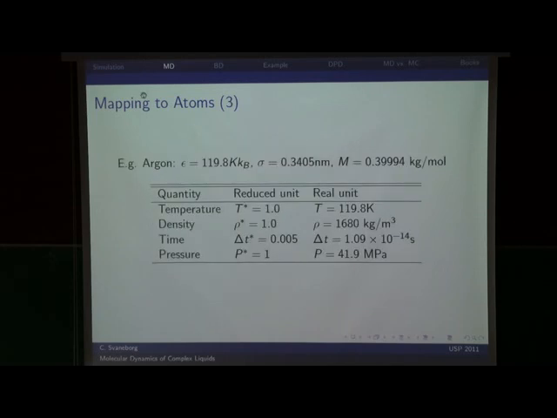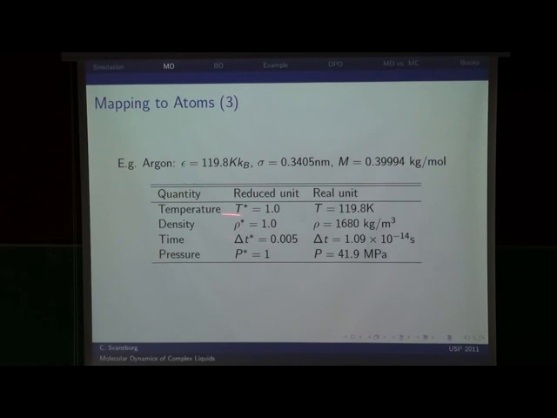And if we pick argon, the values were this one for the energy, this one for the length, and we know the mass of argon. And then we can plug that in, and we can convert reduced temperature 1. If we convert temperature units using this energy, we get our 120 Kelvin.